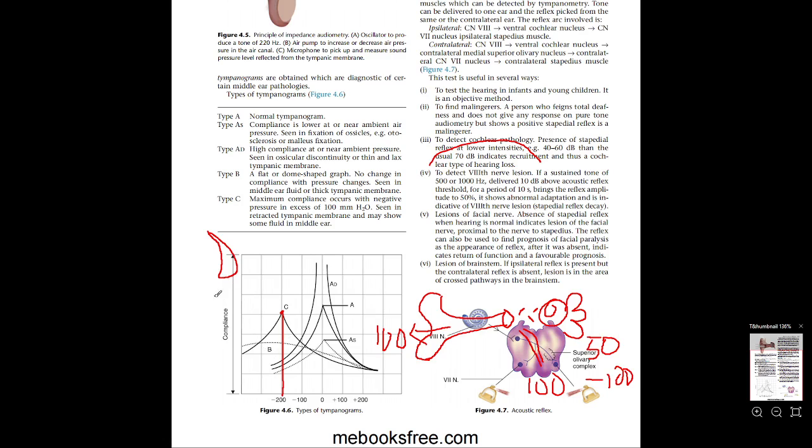When we decrease pressure, the tympanic membrane will look normal like this. Before it was vacuum and bulging inwards, and then we started decreasing the pressure outside the ear canal. We're decreasing the pressure from the machine outside the ear canal to minus 200 as well. So the tympanic membrane will start looking normal like this, and the graph will form at minus 200.